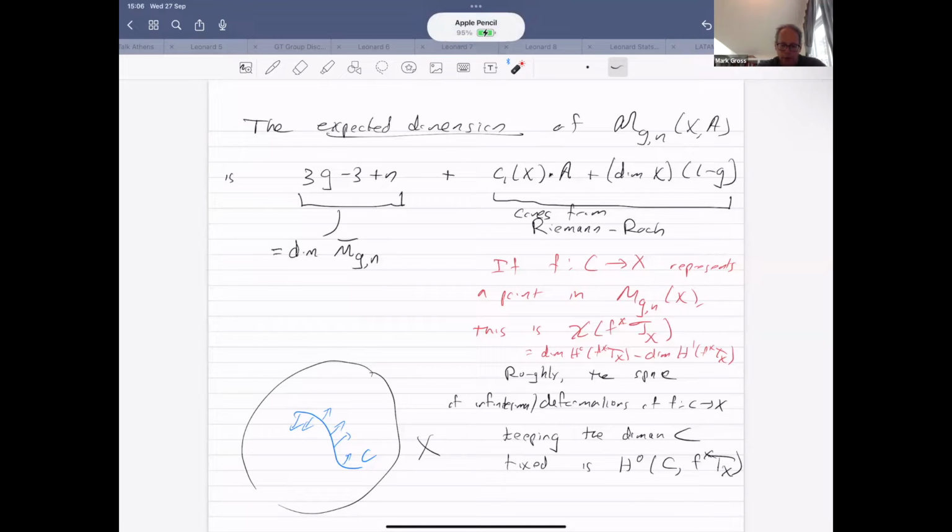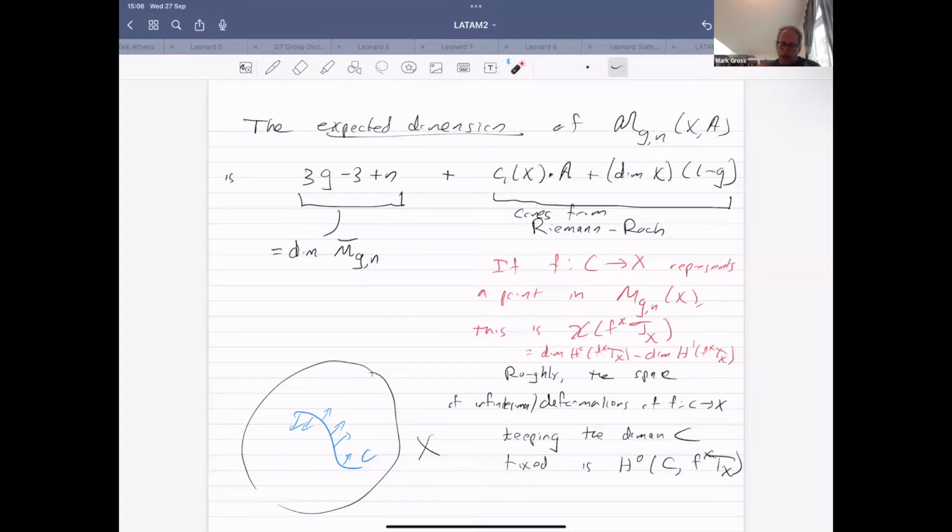My pen seems to, okay. I'm having trouble with my pen again, but it's not because it's out of charge. So that's the Riemann-Roch formula, which tells you this dimension.